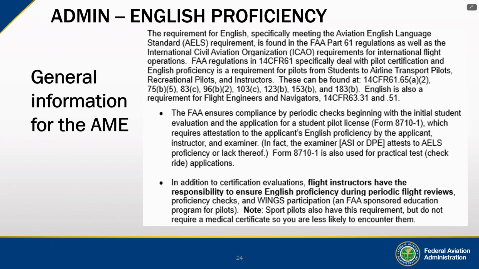But then also the DPE, which is a designated pilot examiner, or an ASI, aviation safety inspector, the latter is an FAA employee, also are required to attest that someone has adequate English capability, and that is done formally on the Form 8710. Now, the 8710 is the form that is used to apply for practical test standards. It's also the form that is used for getting your student pilot's license. So this happens at a very early stage in a pilot's career.